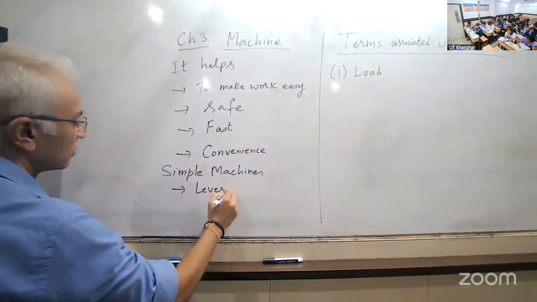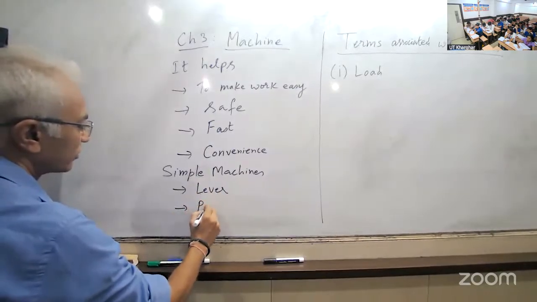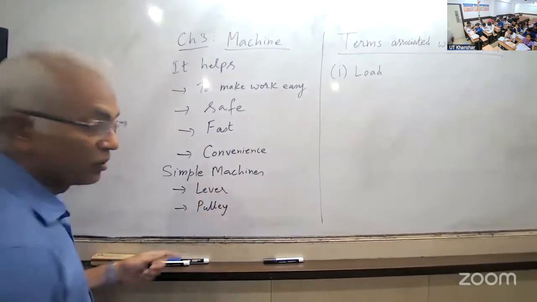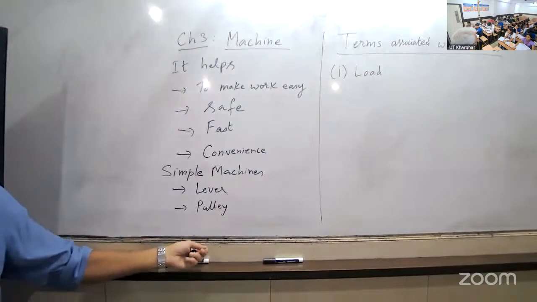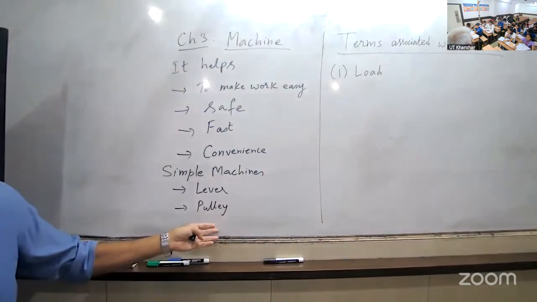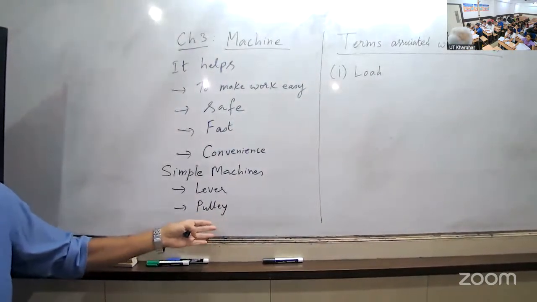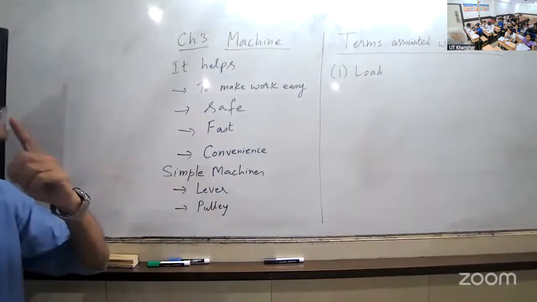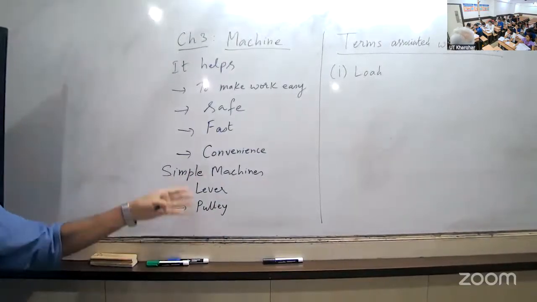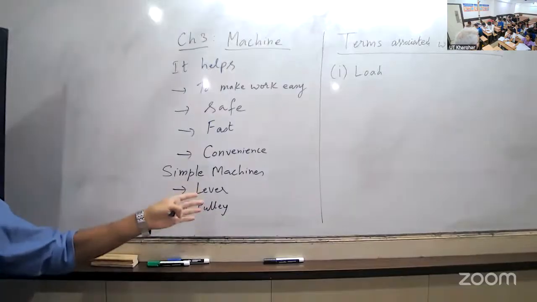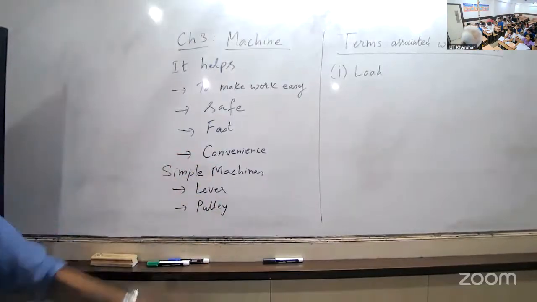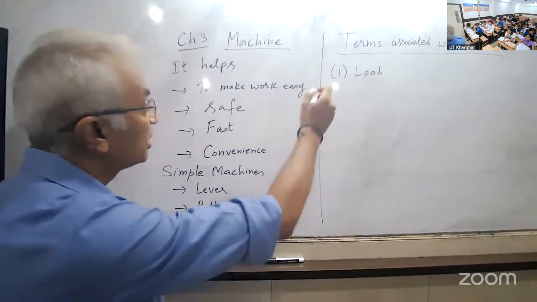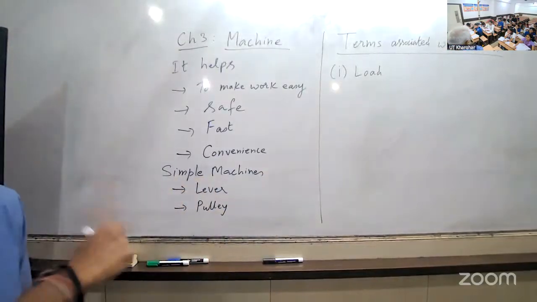Lever and pulley. Okay, you're going to learn about these two machines. These are very primitive, basic machines, right? Today we have very automated kinds of machines, but these are mechanical machines. So everything that we're going to learn is very basic. These terms are basically to describe these machines.